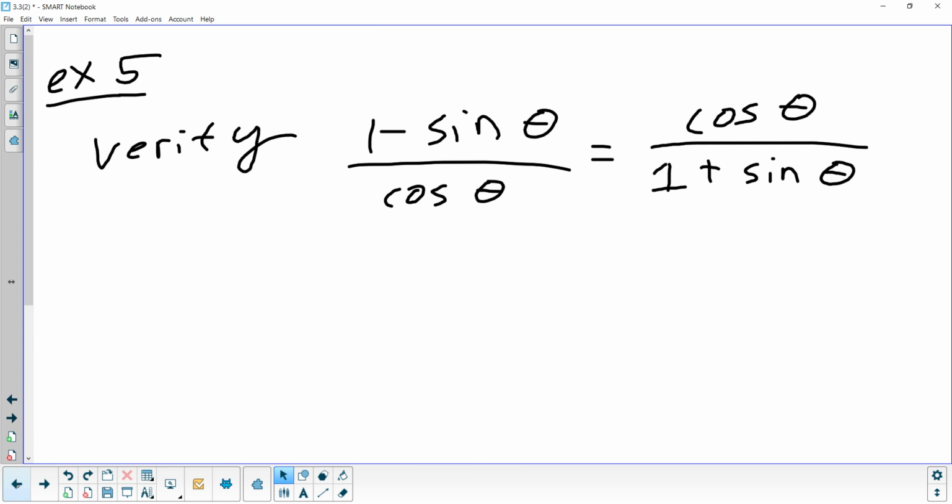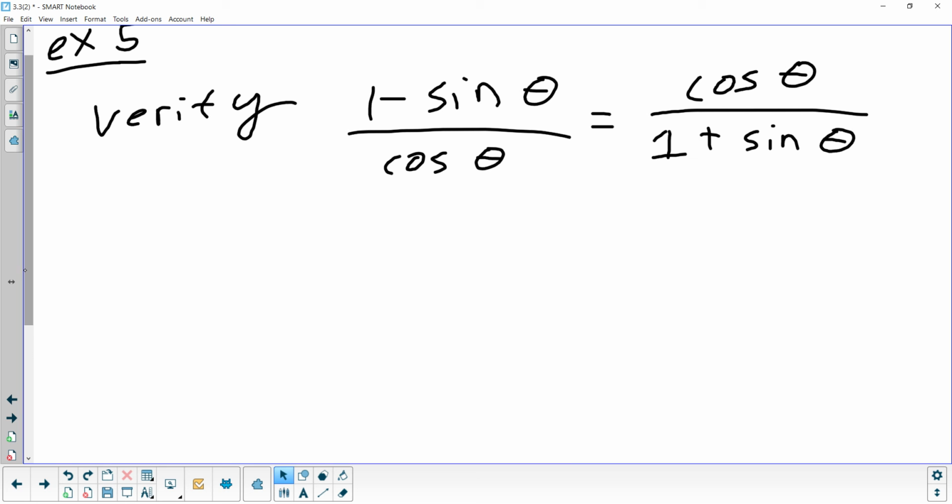Now, when I look at this one, I really don't see a clear side that's more complicated. Both sides have a fraction. Both sides have either a 1 plus or a 1 minus. It almost looks like each side is the same, kind of. It's like a mirror image almost. One of them's flipped, the other one has the single trig function in the bottom, the other one has it in the top.